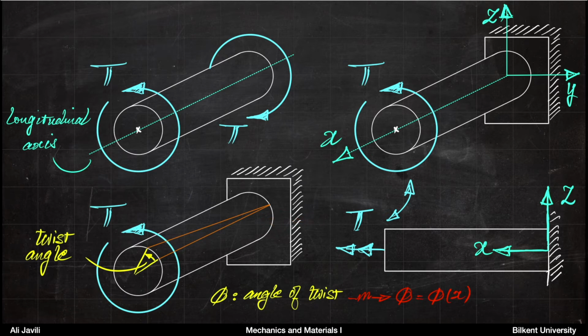We will need to make some assumptions to make sure that this holds, and we will talk about those assumptions. But for now, just remember this is the big picture that we are looking at. For this type of problem, phi is essentially what we want to relate to the torque at the end. So that was the big picture that we want to solve. This is what we want to do.